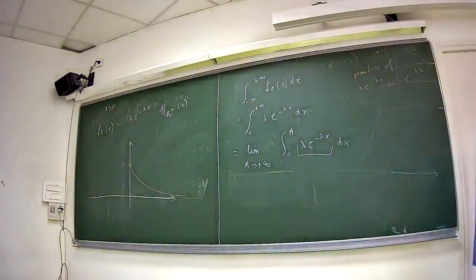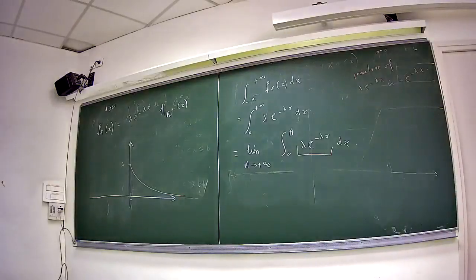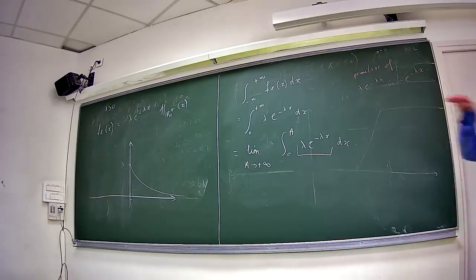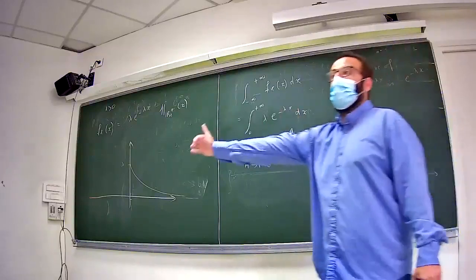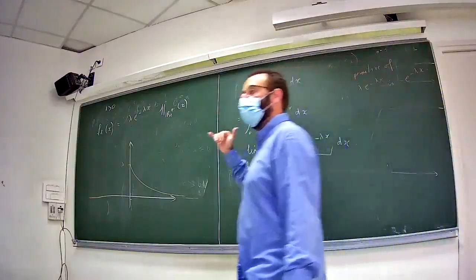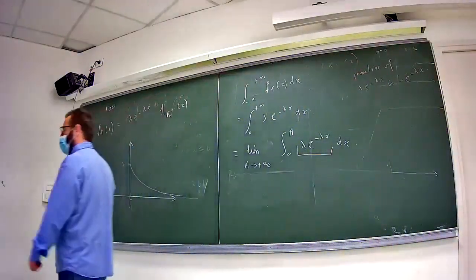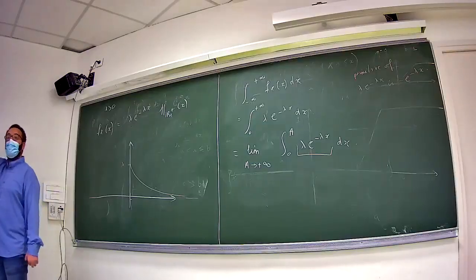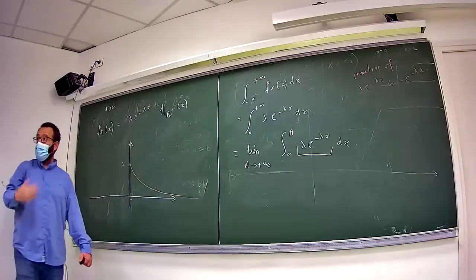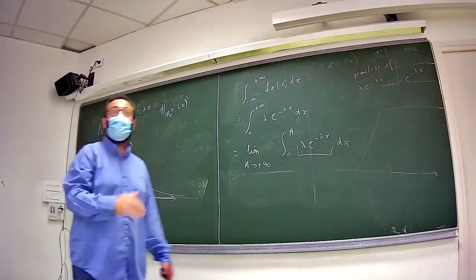You have nice formulas for the primitives. And keep in mind that to know the primitives is just to know the derivatives, because you compute the derivative on one side, and if you come back to the previous case, you obtain the primitives. So you don't need to learn a lot of formulas. If you are able to compute derivatives, you know the primitives.